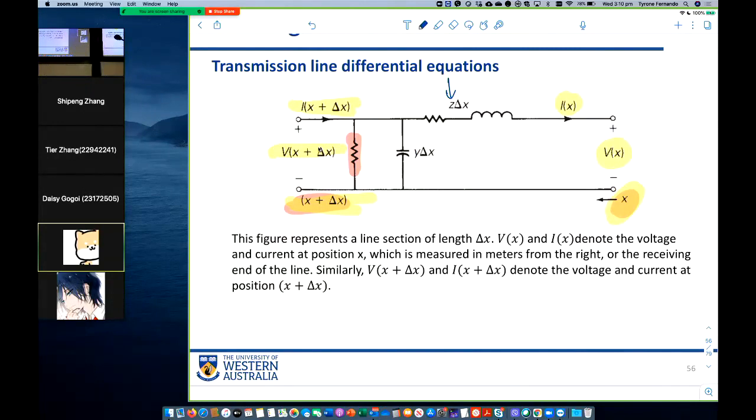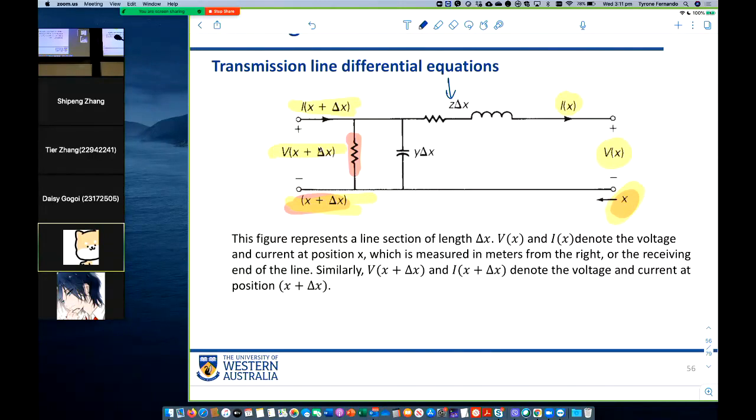So we are now considering a small distance delta x. So x on the right hand side, x plus delta x on the left hand side. So we have x equal to 0 at the receiving end. We have come some distance x, and then we are looking at this section going from x to x plus delta x from right to left.